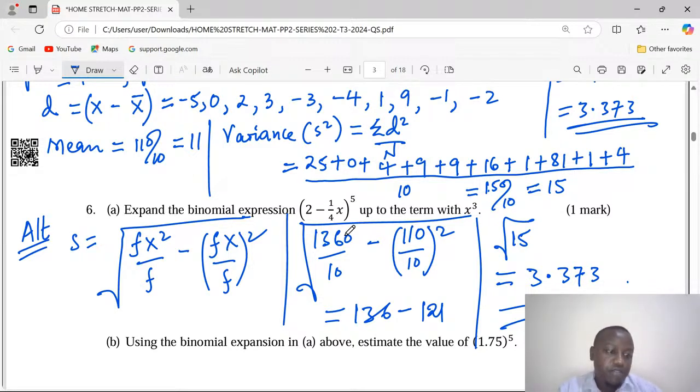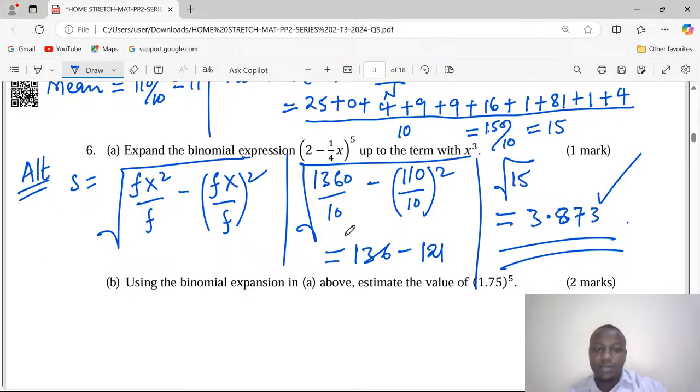The square root of 15, I should retake it. Square root of 15, 3.873. So that is it.